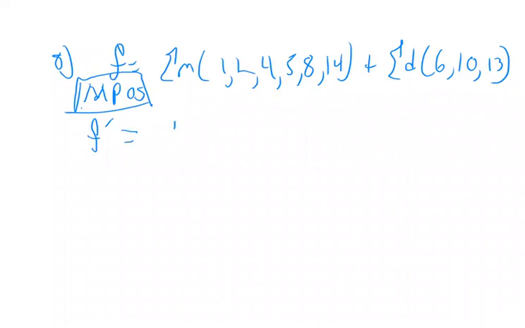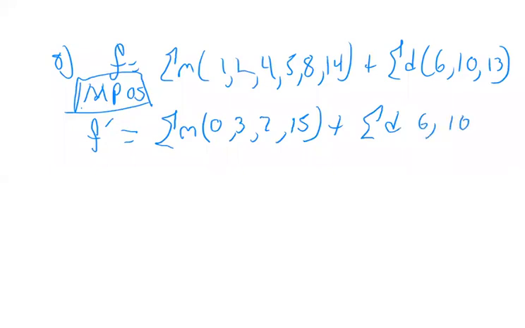What do you suppose F prime is equal to? 3, 7, and 15. Yeah, including 0. I know. And we keep the don't cares just the way they are. Now what do I do?